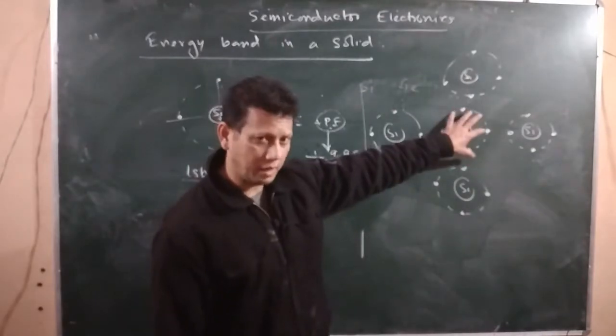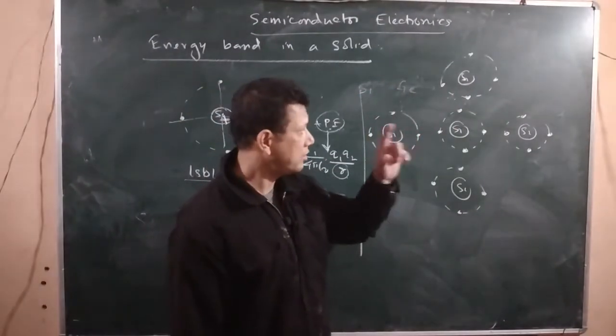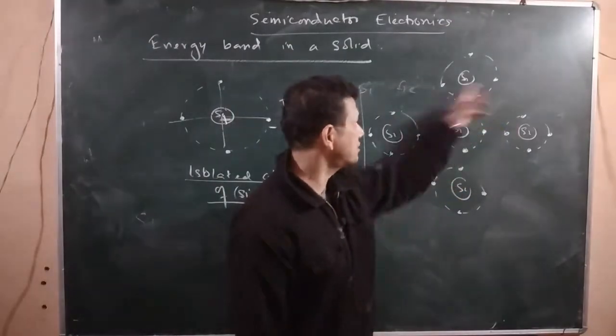This atom as a whole will share 4 of the valence electrons of the neighboring silicon atoms.